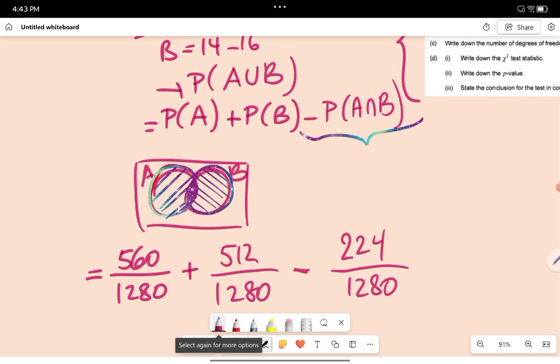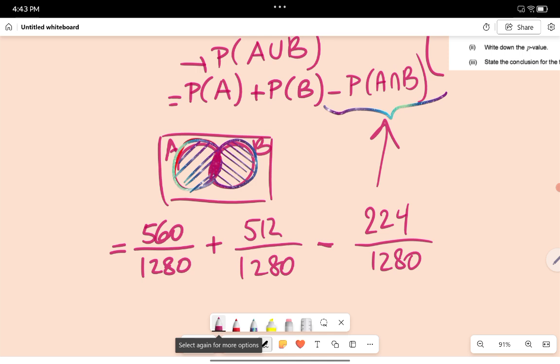This is the probability of A and B. Right, so we're gonna subtract that in between thing because we've added A and B, but now we have done this twice. We have added this intersection twice. So that's why we have to subtract once for it.